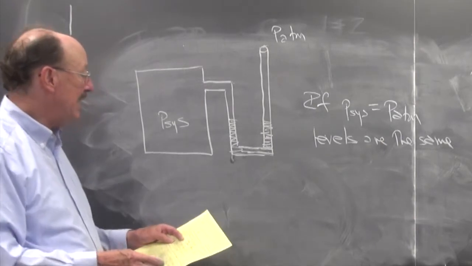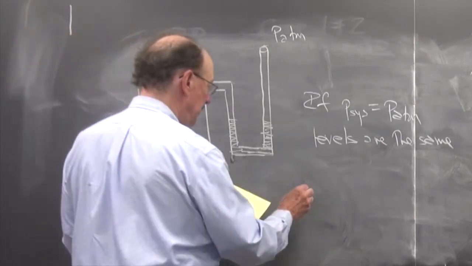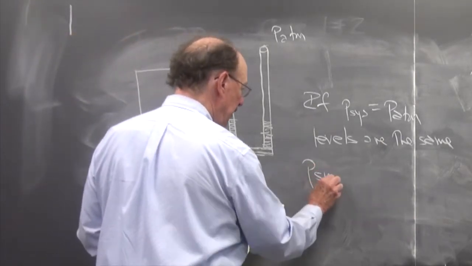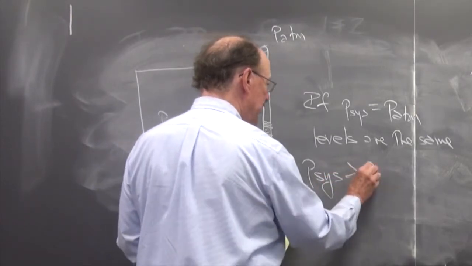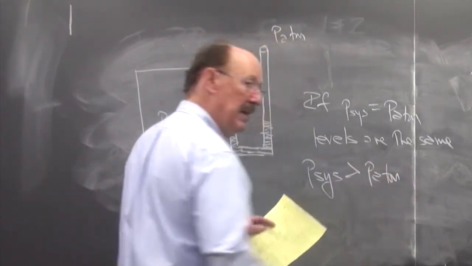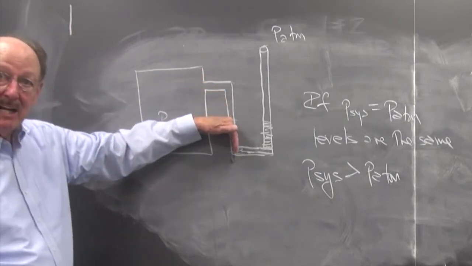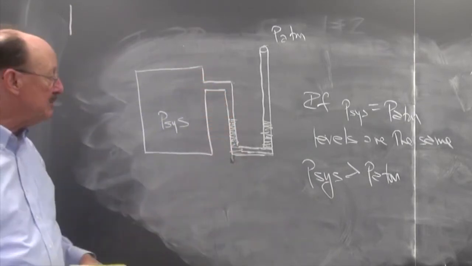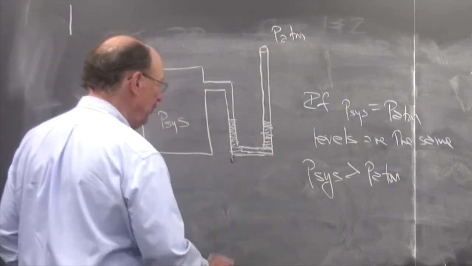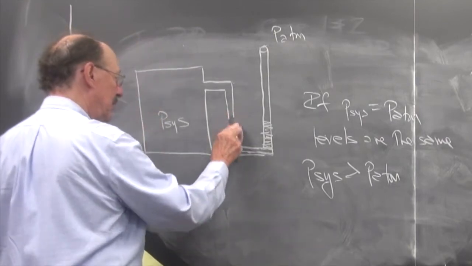And so that's a characteristic of the fluid. Now, let's say that P system is greater than P atmosphere. So what's going to happen is the system pressure is going to push this down and we're going to get an imbalance. So now let me change this diagram, which fortunately I can do.